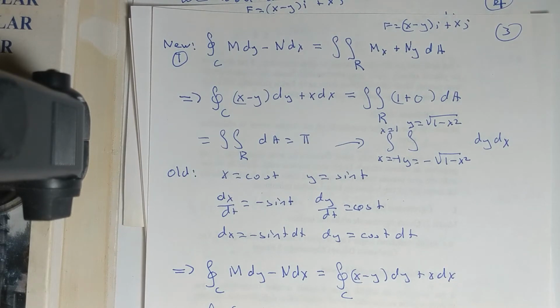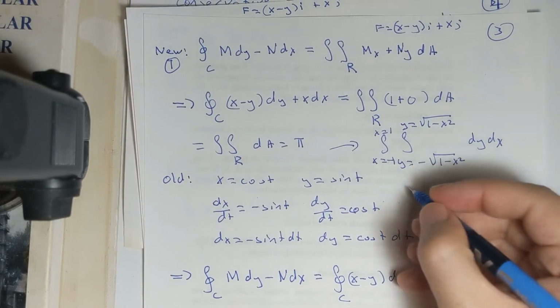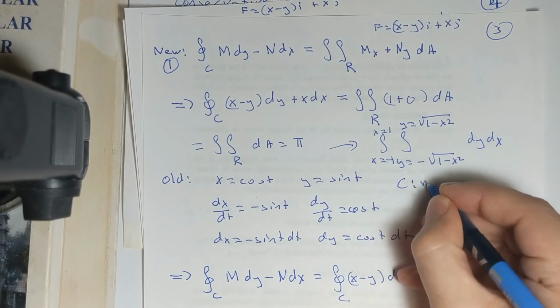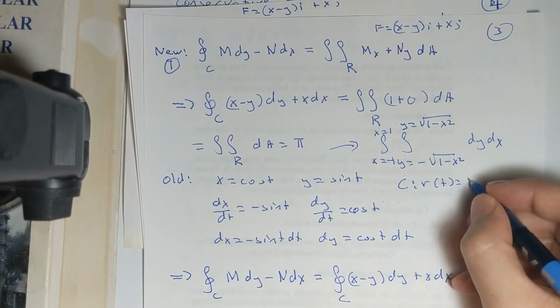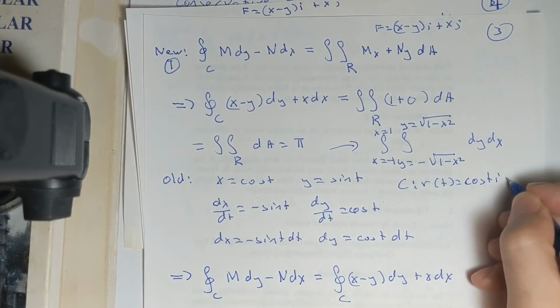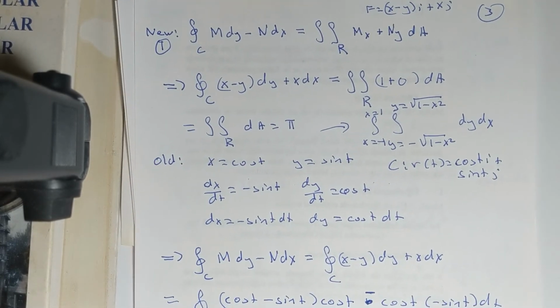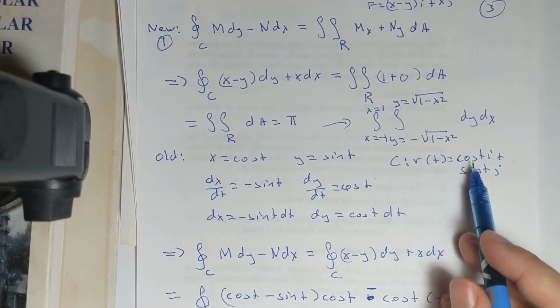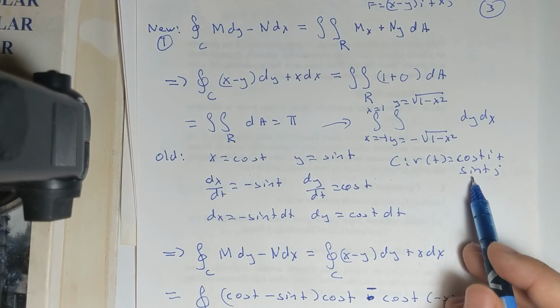Now, this is great. This calculated the outward flux for us. If you wanted to do it the old way, our curve C was r of t equals cosine t i plus sine t j. So for x, I need to use cosine t, and for y, I need to use sine t.